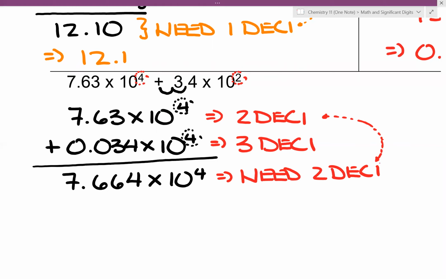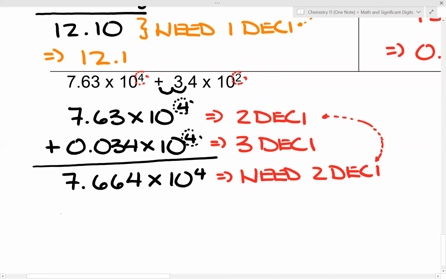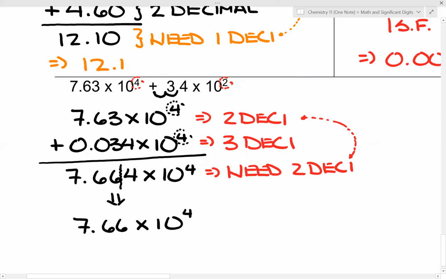Okay, so the correct answer with the correct number of sig figs in this case is, since we need 2 decimals, we cut it right here. And so your answer would be 7.66 times 10 to the 4. Okay.